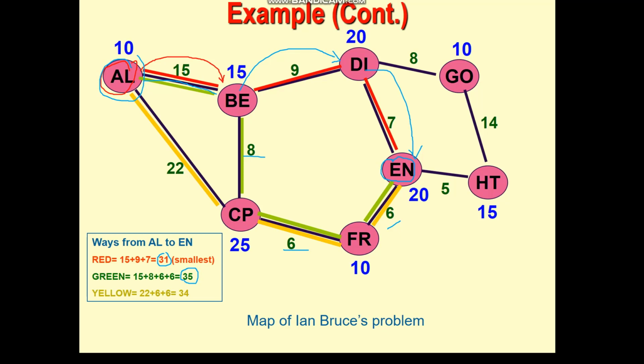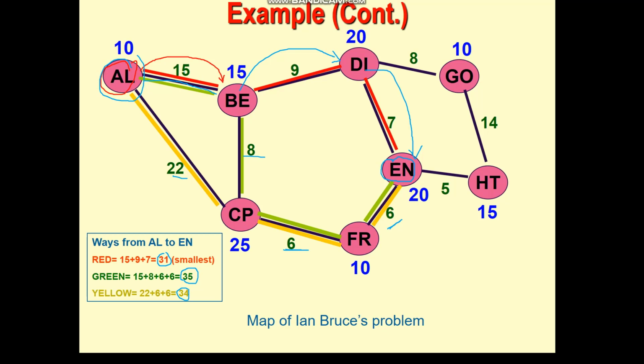We also can go another way, the yellow way, from AL to CP, CP to FR, then FR to EN. The total distance following the yellow line is 22 plus 6 plus 6, so we have 34.